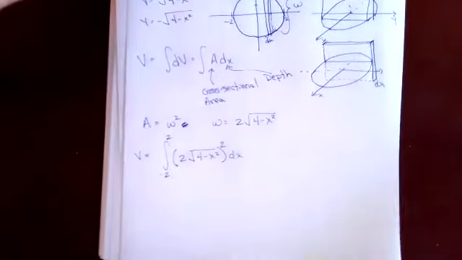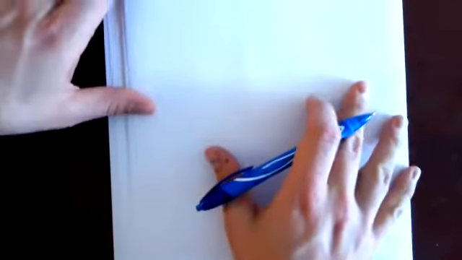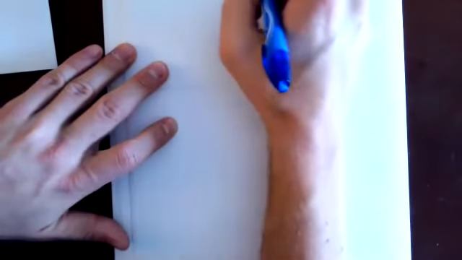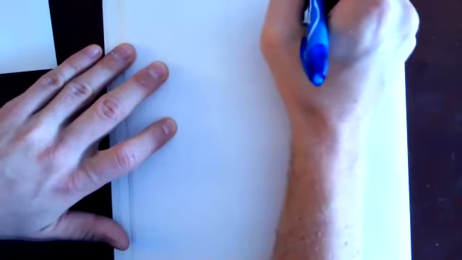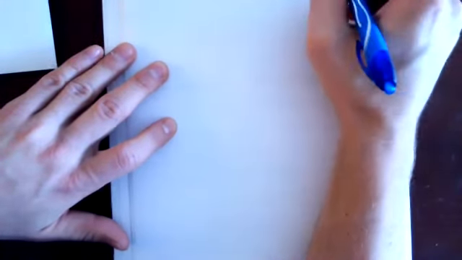So let's go through this thought process again. Same circle, and cross sections that are equilateral triangles.